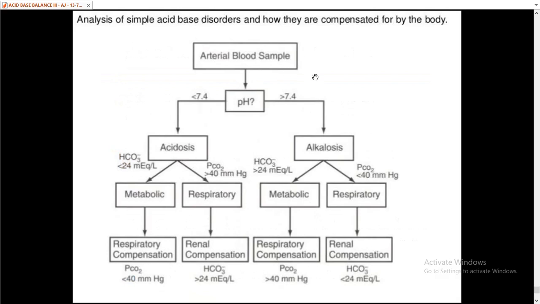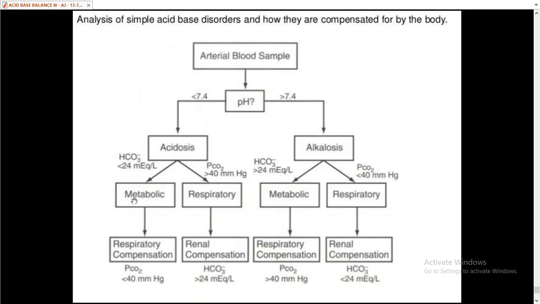This is a summary of the whole topic. Whenever you are given an arterial blood sample report, you have to first see the pH, whether this pH is less than 7.4 or more than 7.4, and accordingly you label acidosis or alkalosis.